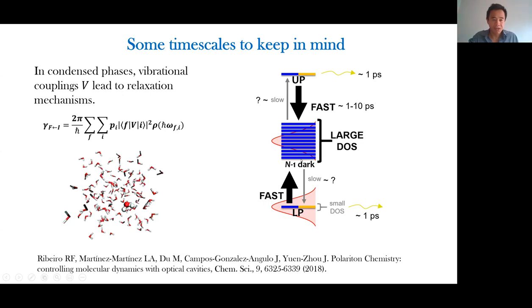Now, what's really puzzling is that once you trap population in the dark states, it seems that it doesn't leak out, and this is because, again, the density of states of polaritons is very small compared to the dark states. Okay, so transitions into the dark states are very, very fast, ultra-fast timescales, similar to molecular ultra-fast timescales. Transitions out of the dark states are very slow, unless you have situations like condensation that I will describe later.